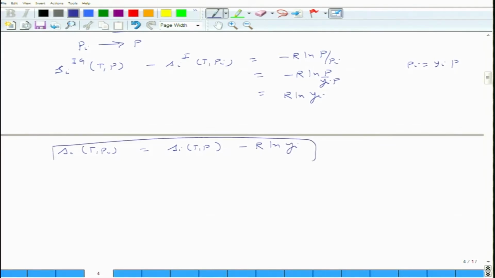Of course, this is at T comma Pi. Remember that. So, this is for an ideal gas at T and P.